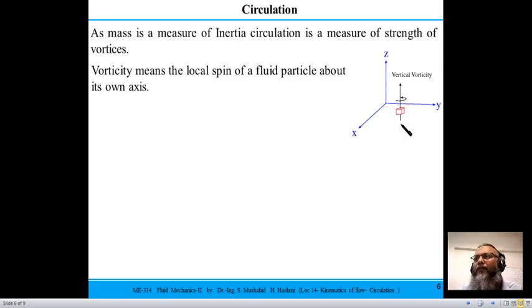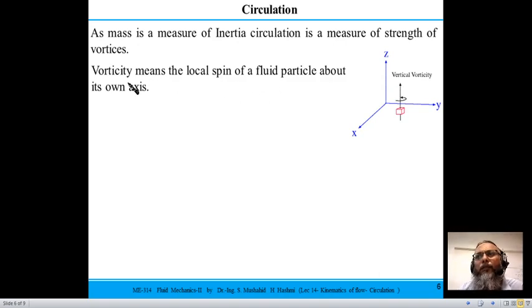If it is an xy plane, then using the right hand rule, the thumb is pointing in the direction of the vorticity vector. Whether it is x direction, y direction, or z direction, if the curl of the fingers represents the rotation, then the thumb represents the direction of the vorticity vector.